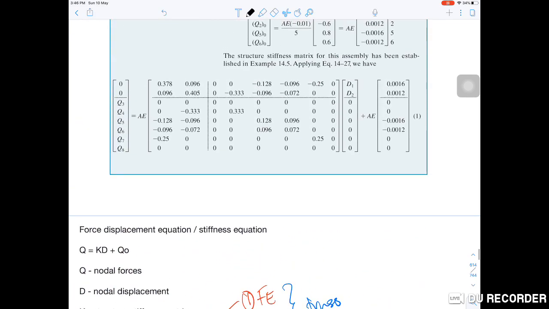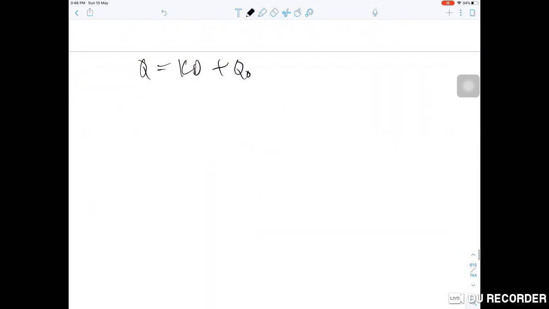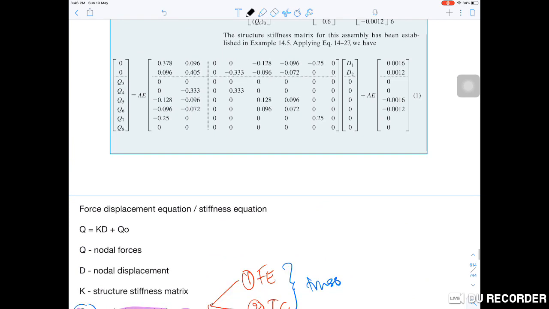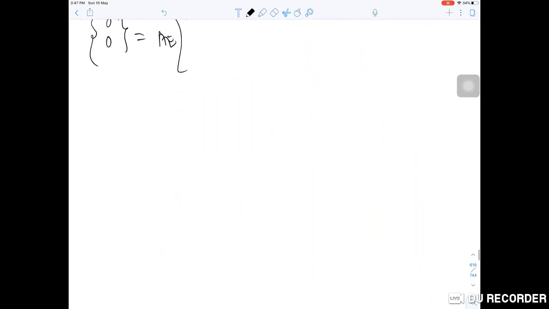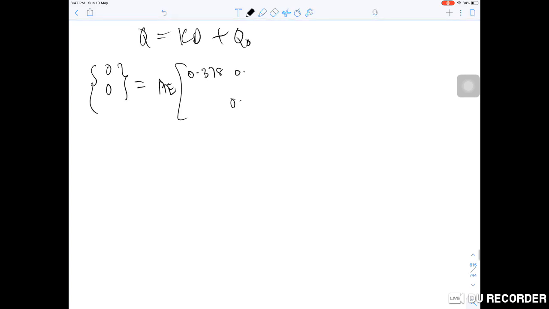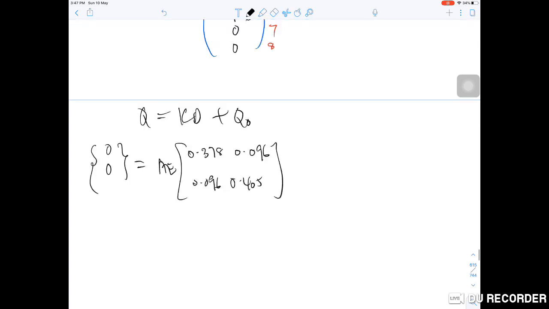Q here is 0, 0. AE times the stiffness terms 0.378, 0.096, 0.096, 0.405.